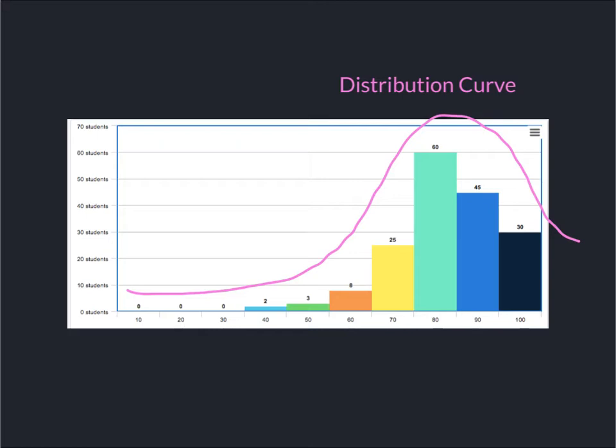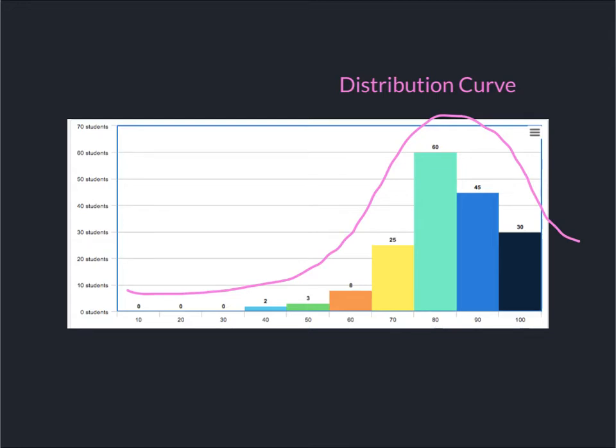And typically in statistics, the distribution curve gives us plenty of information to be able to analyze the data without even being able to see the histogram itself. We can also look at distribution curves based on a dot plot or based on a stem and leaf plot. There's lots of ways that we can take data and draw these sort of general curves.